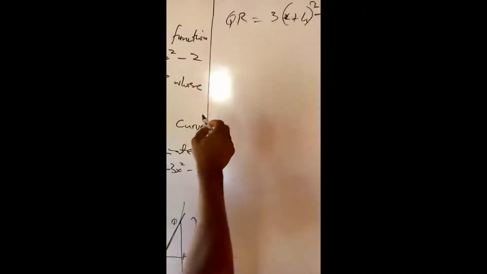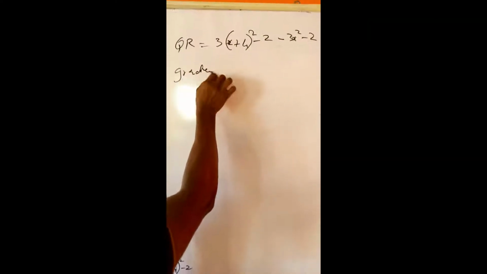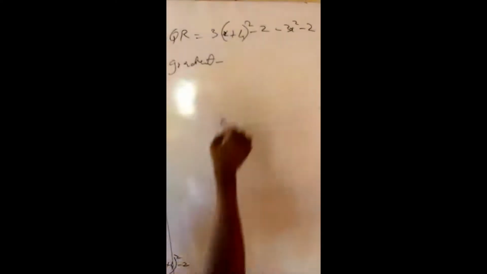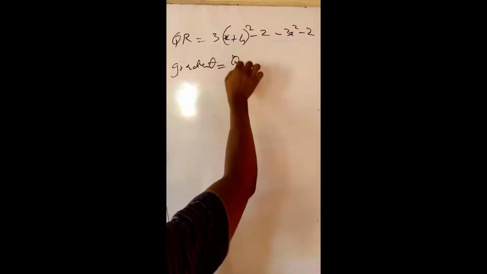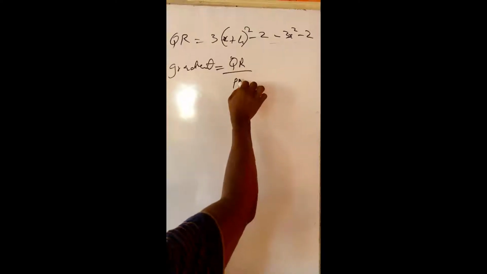Now, if we are able to get the value QR, then we can say the gradient is QR all over PR.